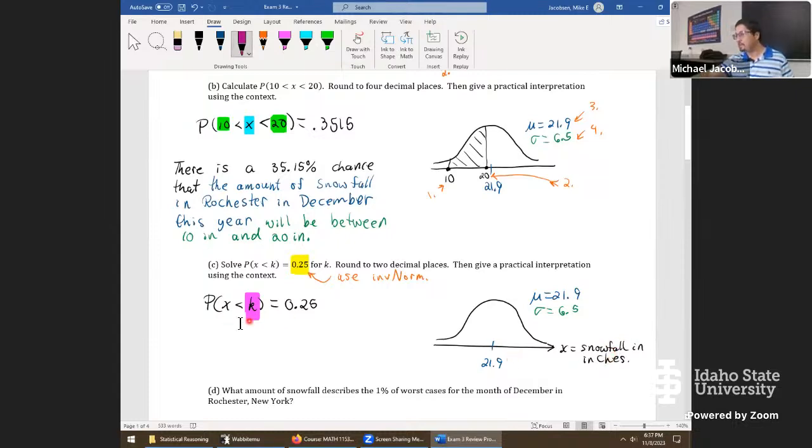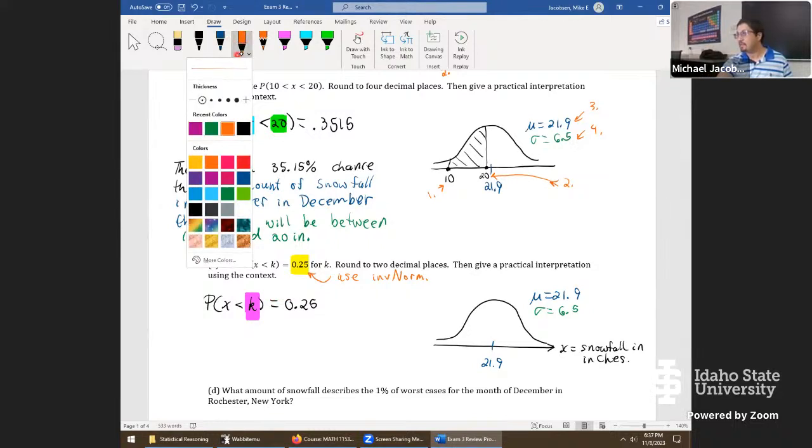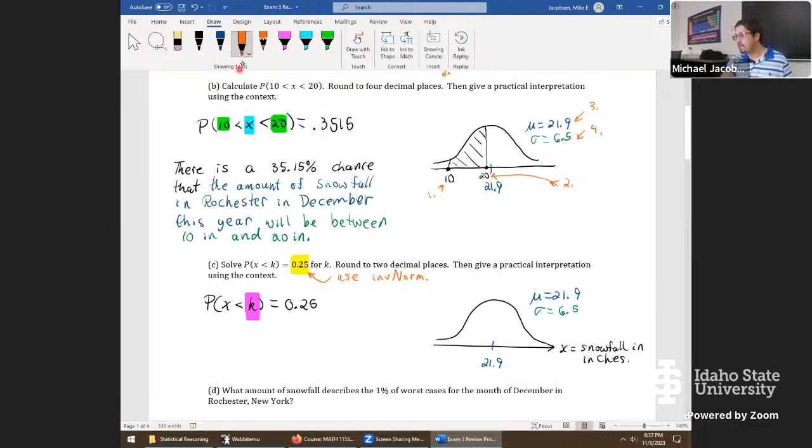Now, K being right here and the less than sign is saying the area to the left of K would be 25%. Let's write that in. Only because of the less than right here, we want area to the left of K to be 0.25.